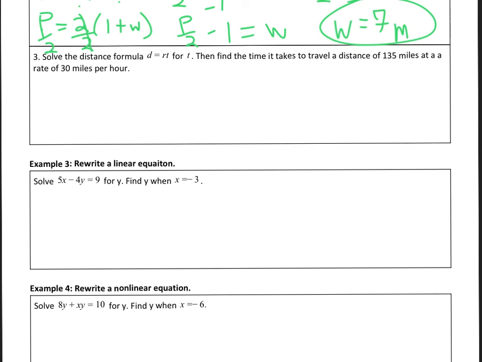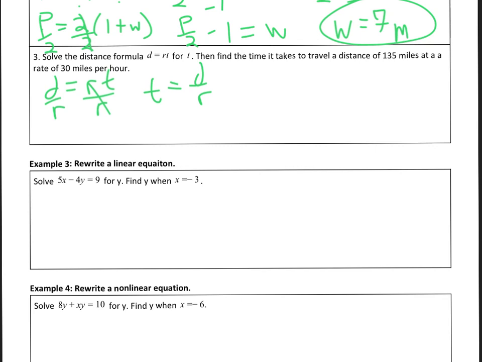So next, solving the distance formula for t. And if you've taken physics, you're going to be really familiar with the distance formula. So solving this for t is a pretty simple process, right? If I'm solving for t, undoing multiplication, divide both sides by r. So time is distance over rate, okay? So you take your distance divided by the speed you're traveling, that gives you the time it takes to reach that destination.